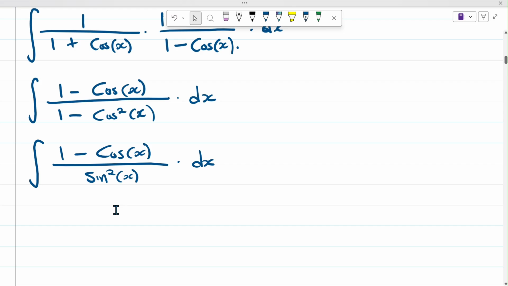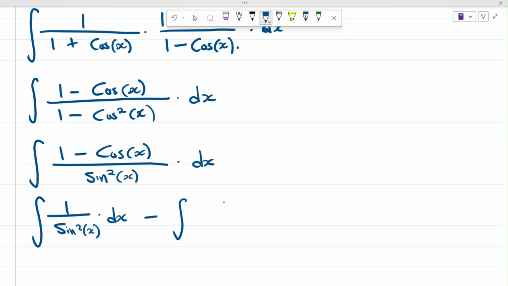So at the end of the day, this is going to be the integral of 1 over sine squared of x dx minus the integral of cos x divided by sine squared of x dx.